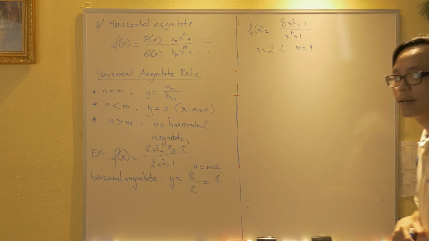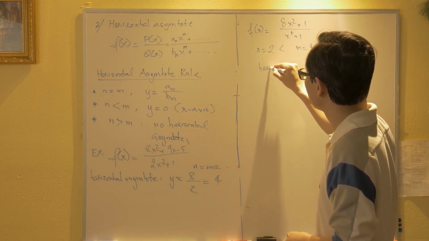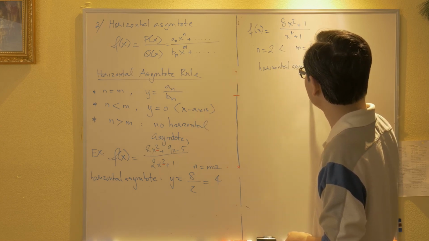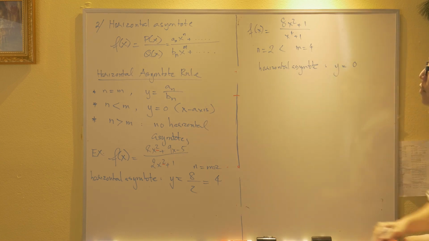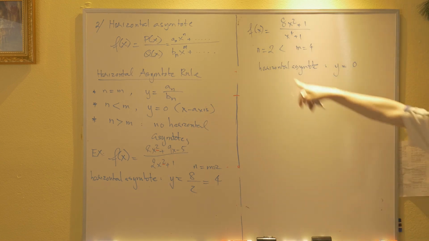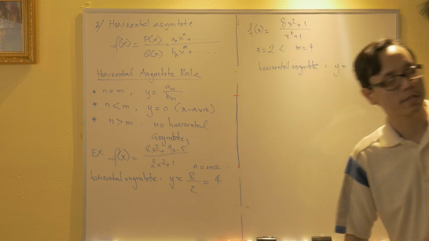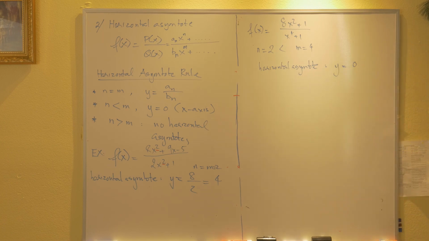If it's less than, then the horizontal asymptote will be y equal 0, because n is 2 and m is 4. You see that you just need to look at the leading coefficient and the highest exponent to define the horizontal asymptote equation.